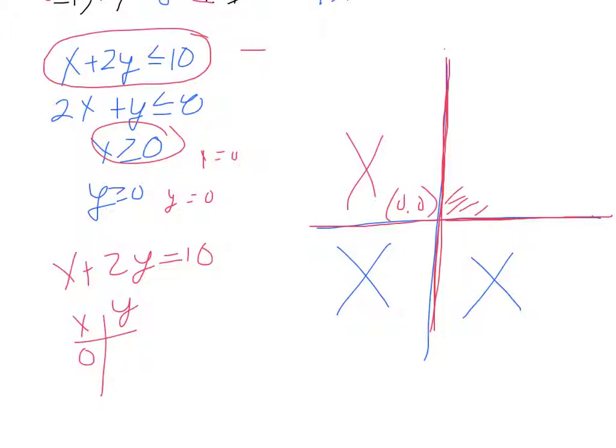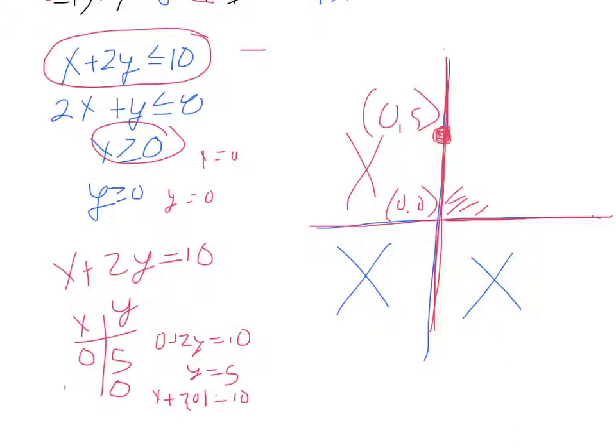So plugging that in, 0 plus 2y equals 10, or y equals 5 by dividing by 2. So (0, 5). That's one of the points. Now, if we put 0 in for y, that's x plus 2 times 0 equals 10. So (10, 0), which is over here.